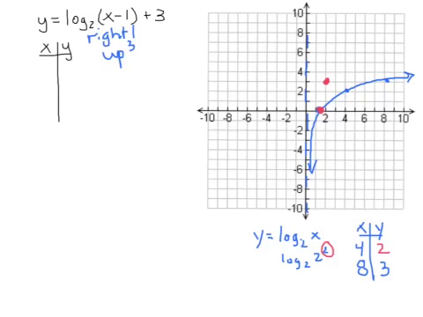Okay, similarly, my vertical asymptote at x equals 0 is going to move right 1, so it's now going to be at x equals 1. So remember, this point right here is on our original graph, not on our new one. The next thing, we should basically see a graph that moves to the right, just like the old one. It's been shifted up and slightly to the right. Vertical asymptote's now at x equals 1.